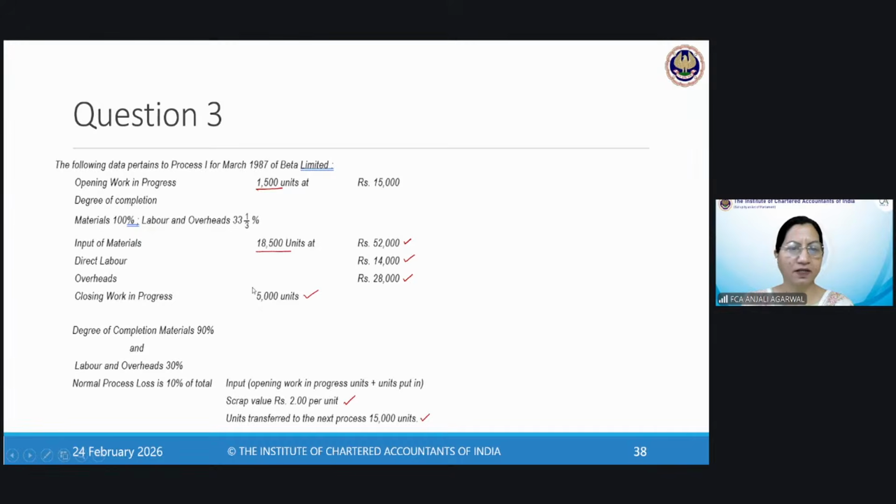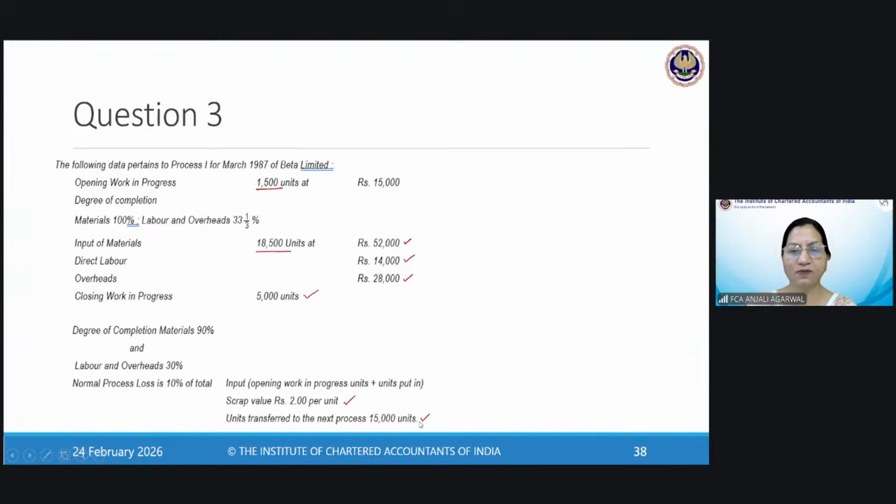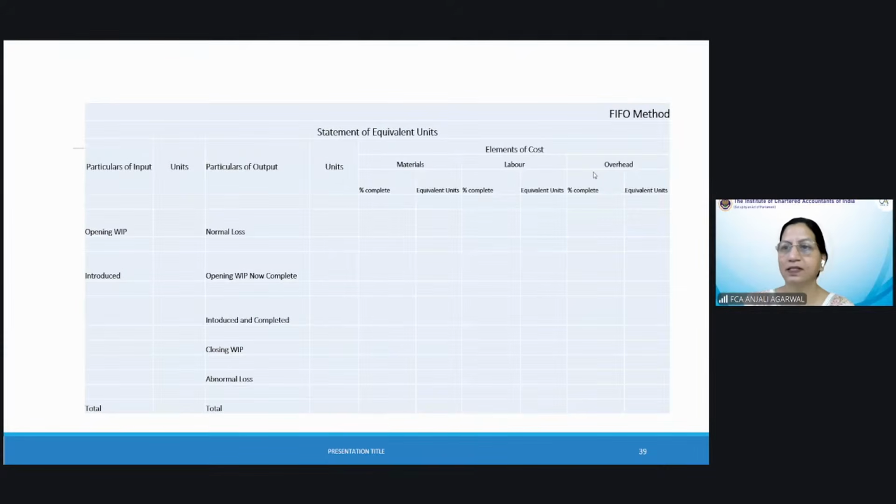So slight change in the units. Here it is only 18,500, same, sorry. And transfer to next process is 12,000 here, but in this question 15,000. So slight difference, right? How will it impact? Let's see. Once again, input is 1,500, introduced is 18,500. So far, same. We are doing it FIFO method.